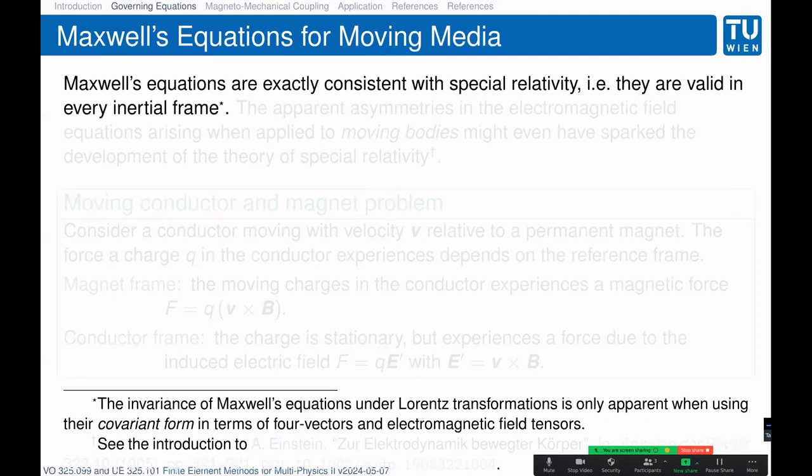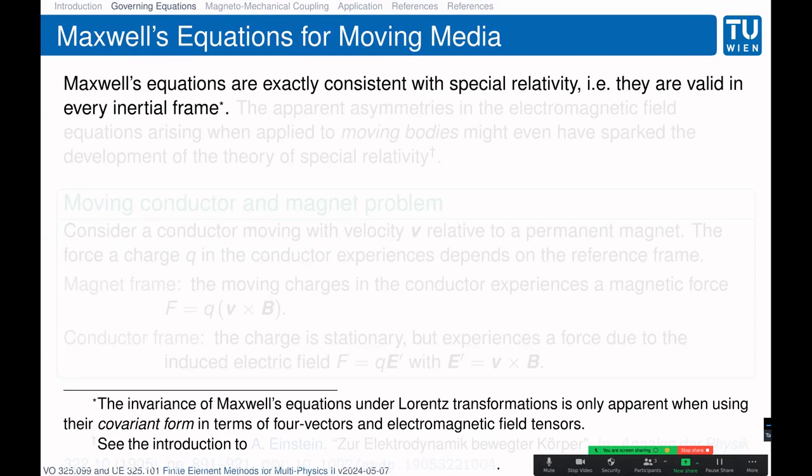Okay, and then we need Maxwell equations for the magnetic problem, but we need them in moving media, because now the mechanical domain can deform, it can move, and this has to be taken into account. In general, Maxwell equations are, of course, valid in any inertial frame. So you can either take the frame of the moving material or the stationary lab frame.